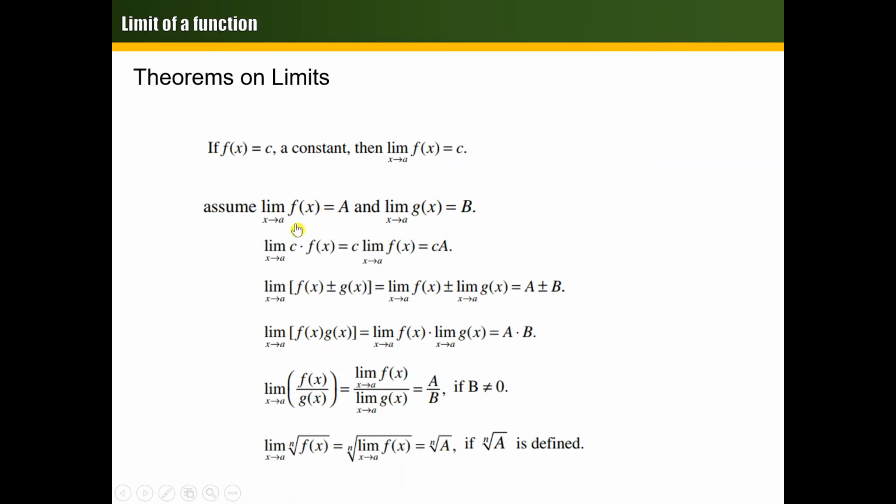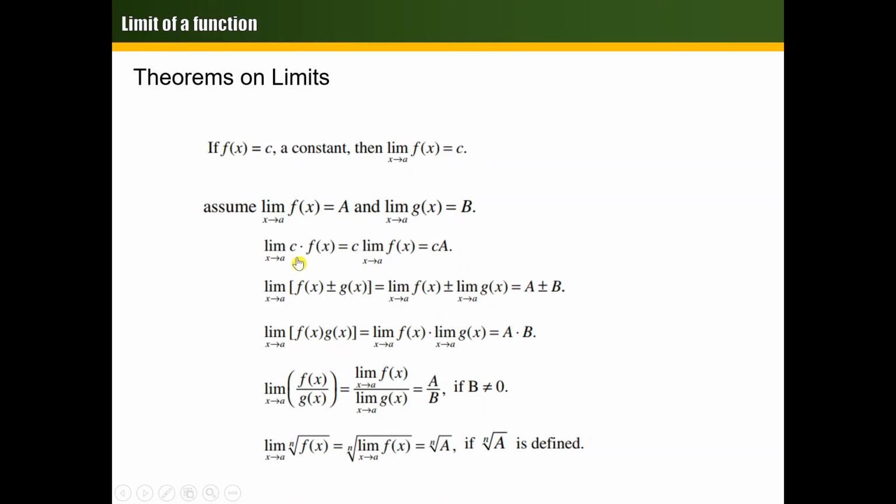Now, let us consider two functions. We are considering f and g. Observe that x approaches the same number a. If the limit of f as x approaches a is capital A and the limit of g as x approaches a is capital B, let us observe what happens to the following. First, let us observe what happens when we take the limit of c times f of x as x approaches a.